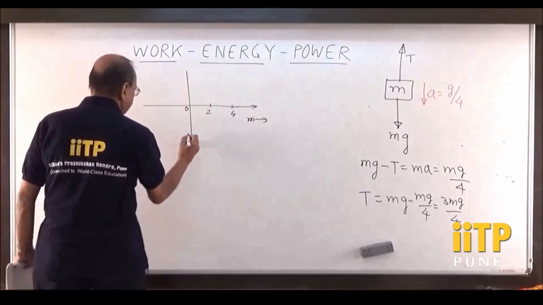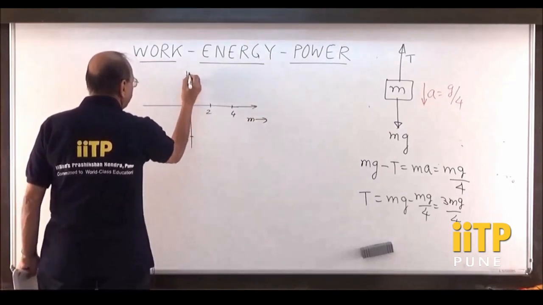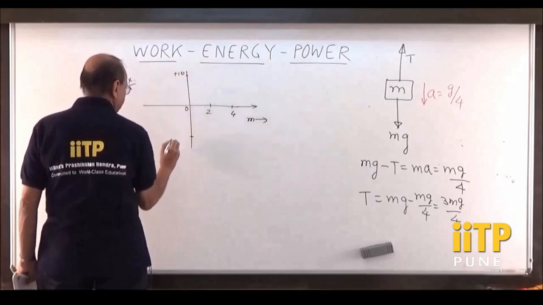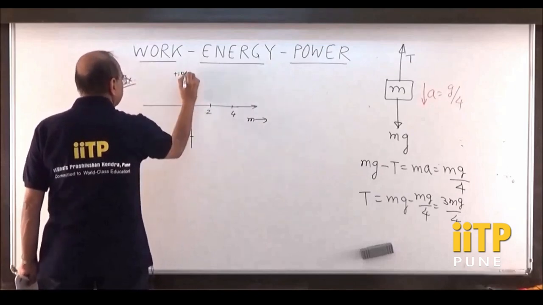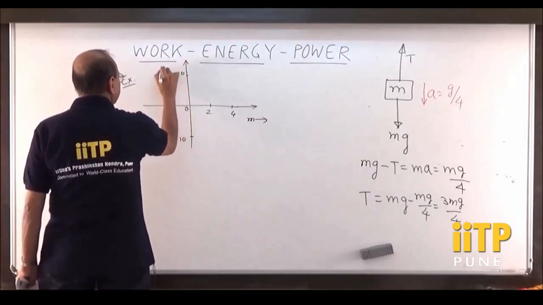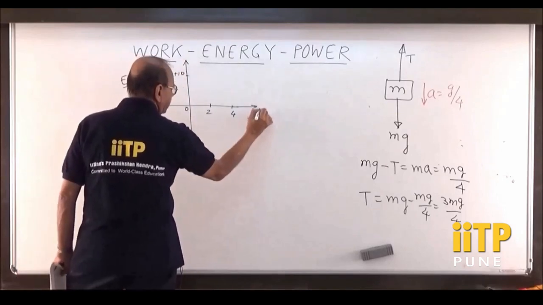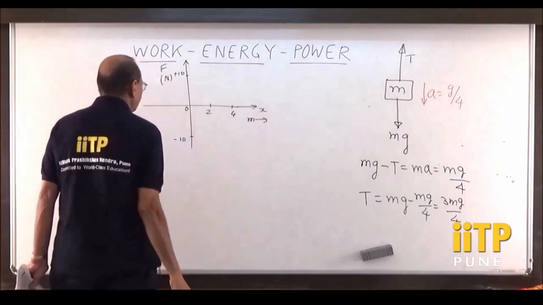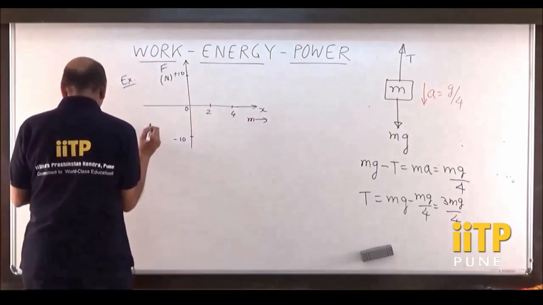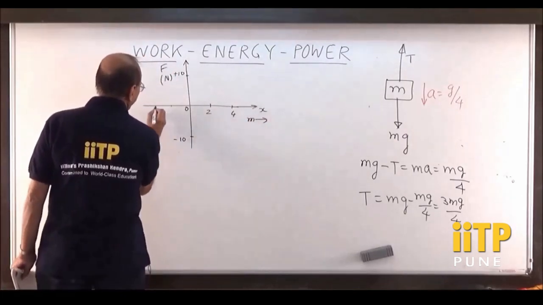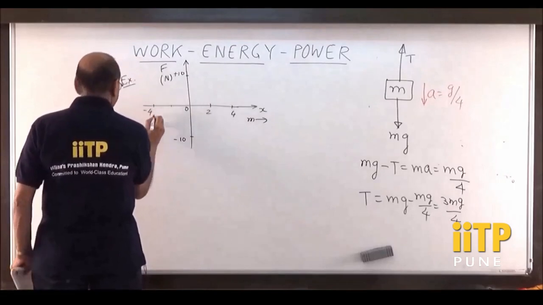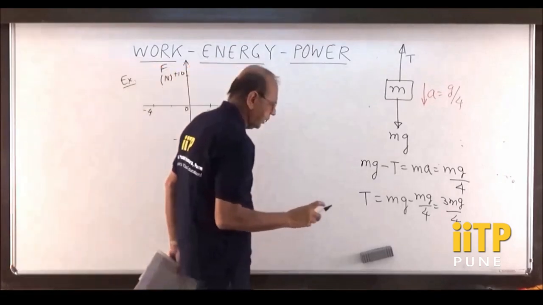Here it is, force in newtons, and this axis is displacement, or S we can write. Here the graph goes up to minus 4 meters. And the graph is drawn like this.